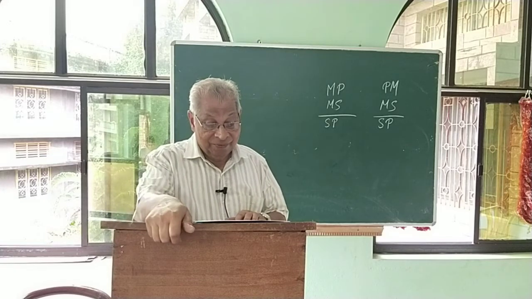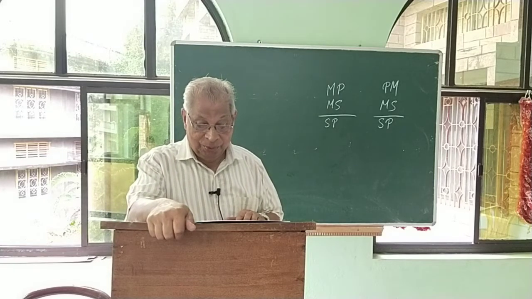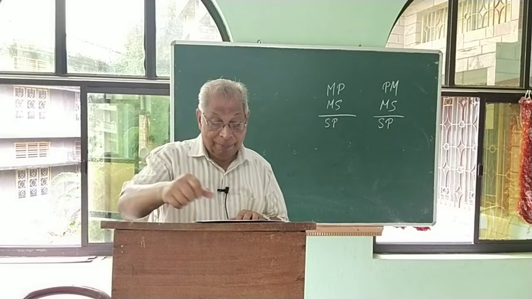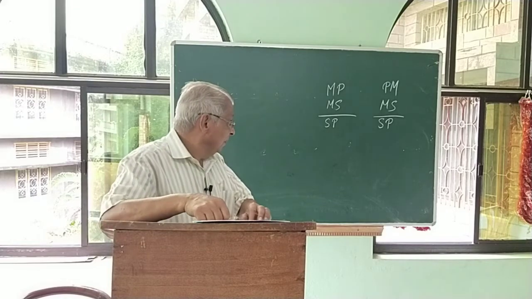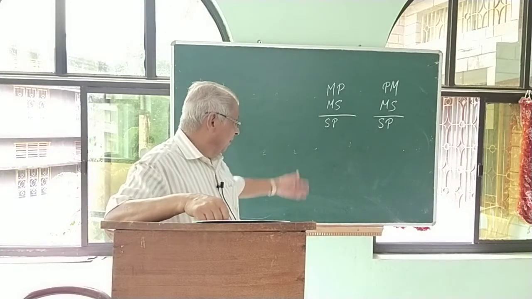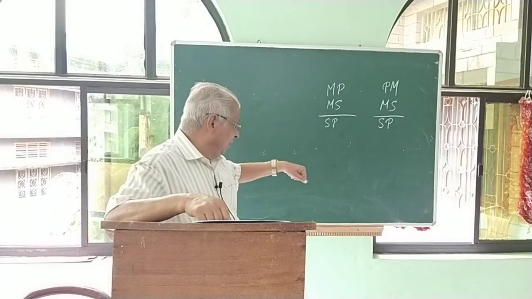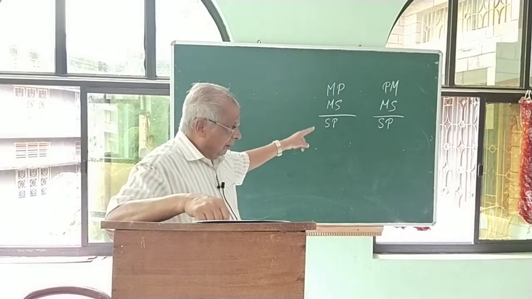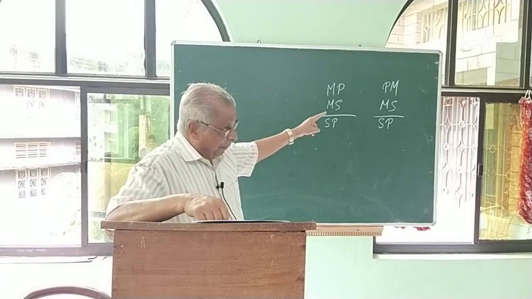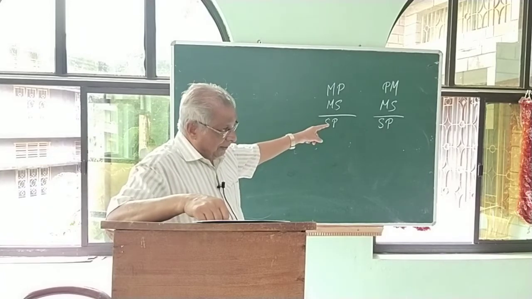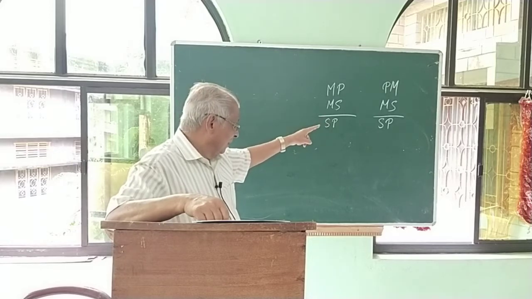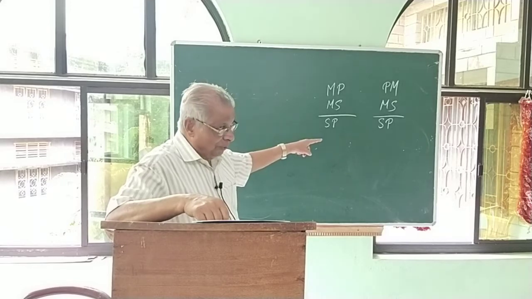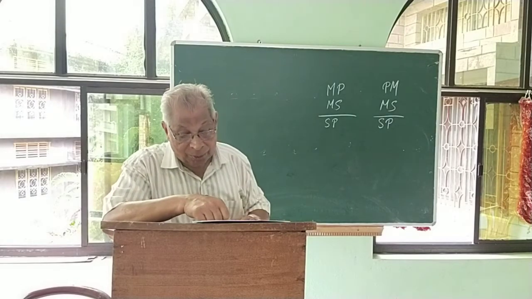Third one, if the minor premise is affirmative, the conclusion must be particular. If the minor premise is affirmative, then what happens? We have seen the similar rule. Then S will be particular. S in the minor premise is particular, then S in the conclusion cannot be universal, it has to be only particular.